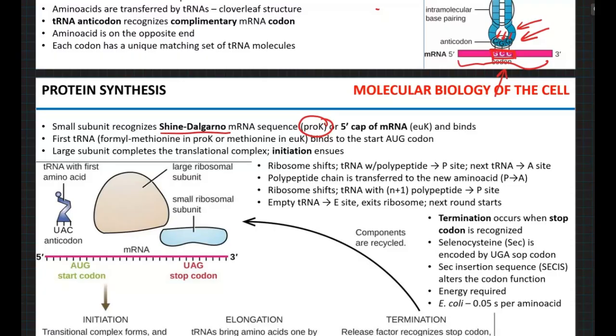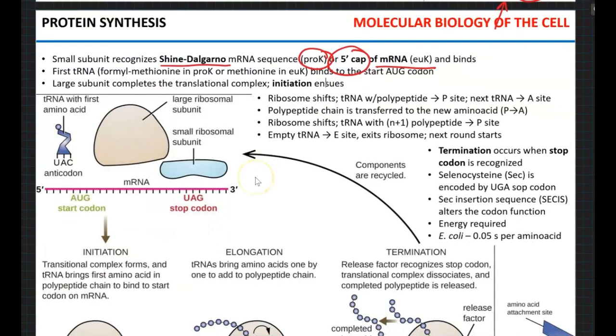The Shine-Dalgarno sequence is a signal for a ribosome: hey fellas, jump on, start translating. Eukaryotic mRNAs have a so-called 5' cap structure, which has the same role. The ribosome recognizes the 5' cap structure and starts translation.